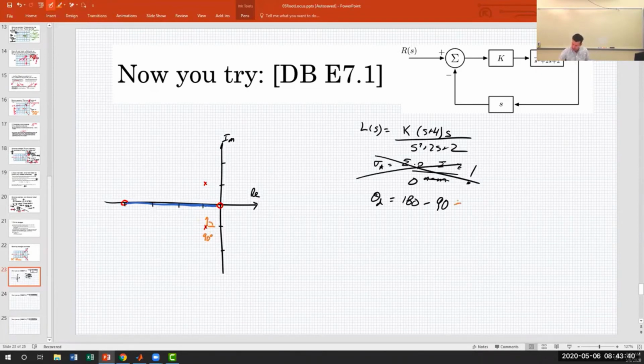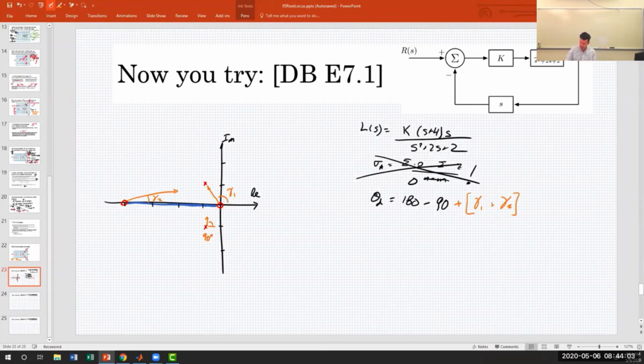And then we're going to add gamma 1 plus gamma 2. These are the vectors rooted at the open loop zeros pointing to the pole that we're departing.